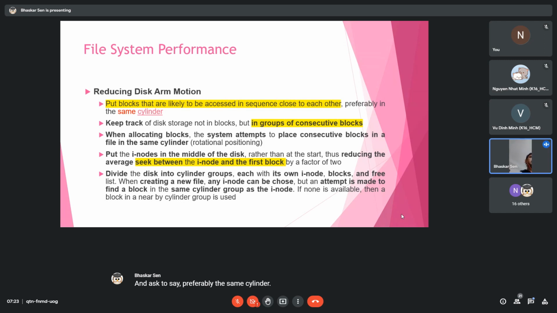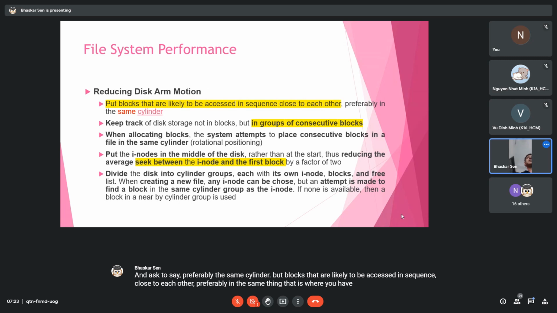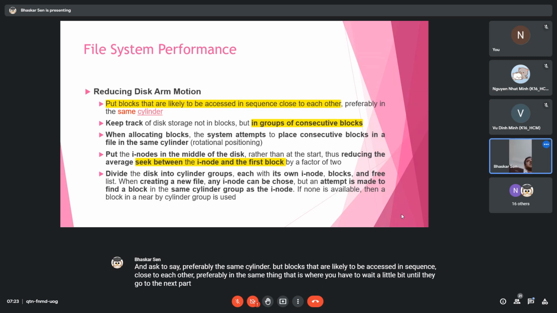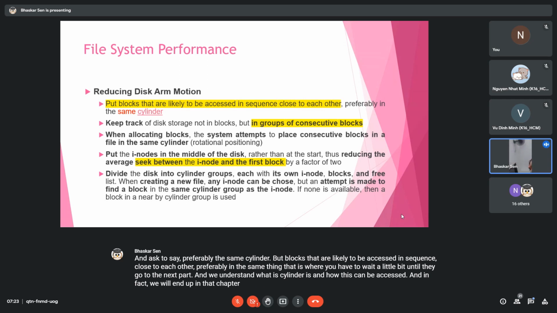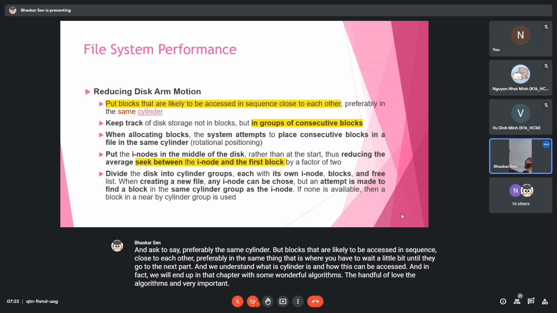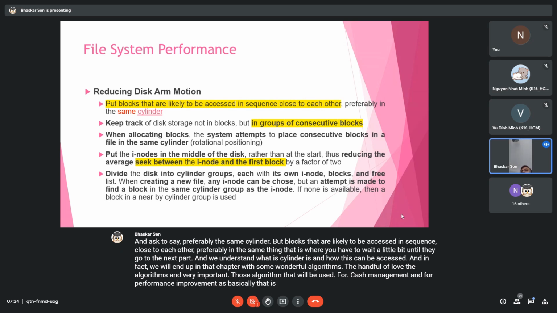You have to wait a little bit until we go to the next part and understand what a cylinder is and how these can be accessed. In fact, we will end up in that chapter with a handful of lovely, very important algorithms. Those are the algorithms that will be used for cache management and performance improvement. Basically, that is exactly what we're talking about, to reduce the disk arm motion.